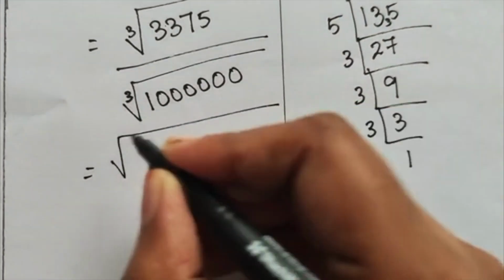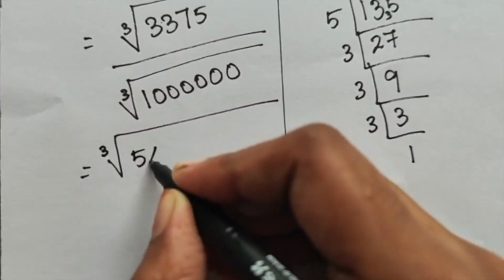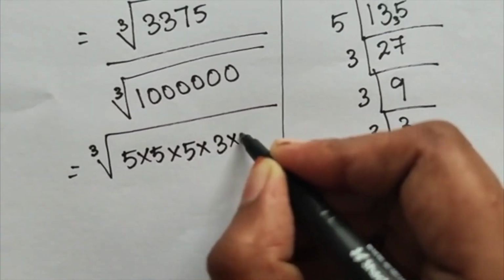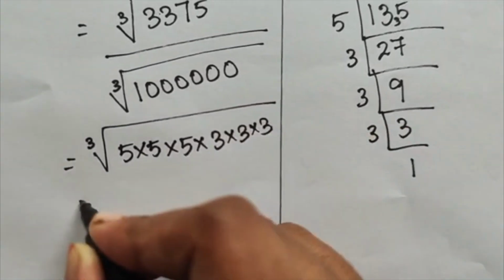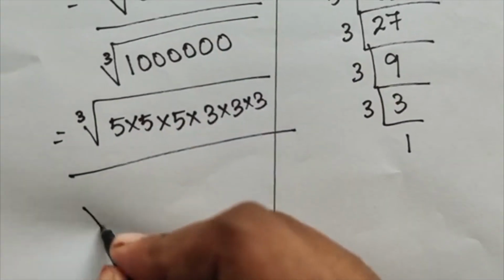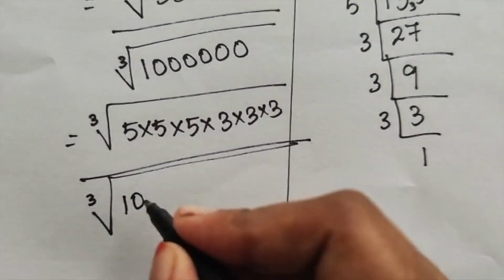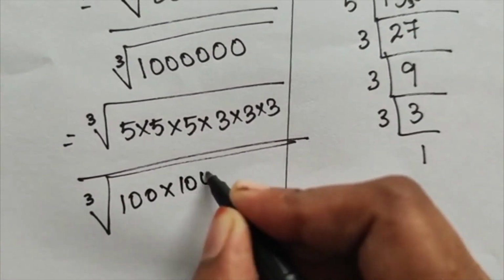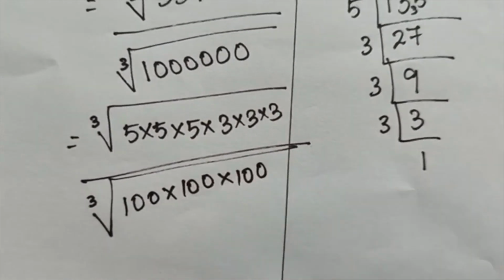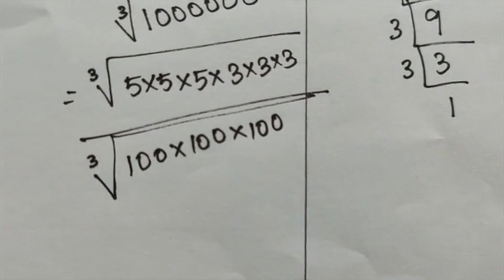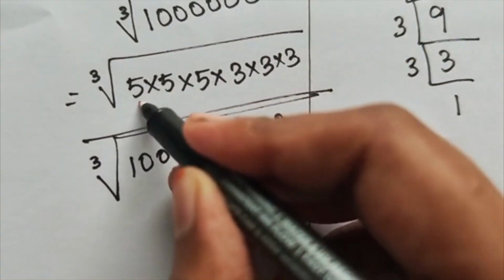We can write this as cube root of 5 into 5 into 5 into 3 into 3 into 3 divided by cube root of 100 into 100 into 100. So in prime factorization, look here. When taking out from cube, we need to take triplet.